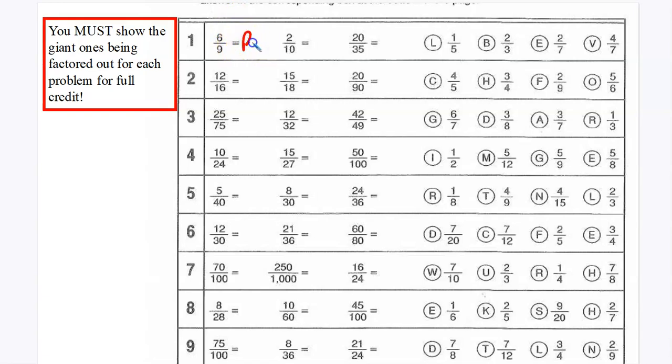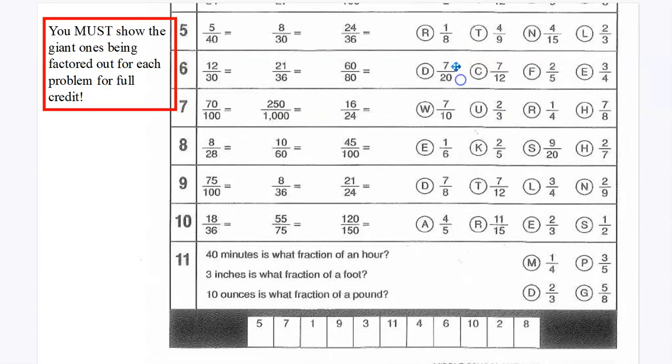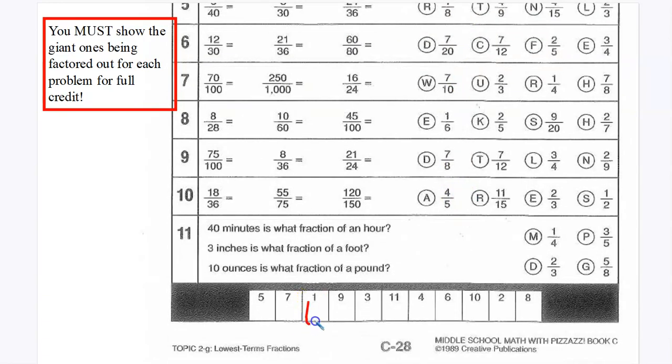This matched B, so I crossed it off. This matched L, so I crossed it off. This matched V, which is 4/7, so I crossed it off. And number 1 is E. So that's what I put in the box down here. Okay, good luck on the homework.